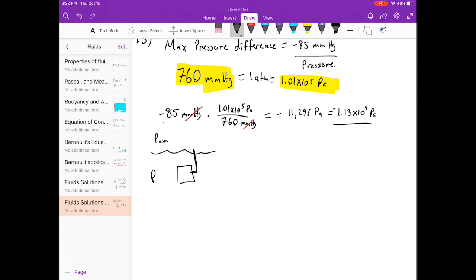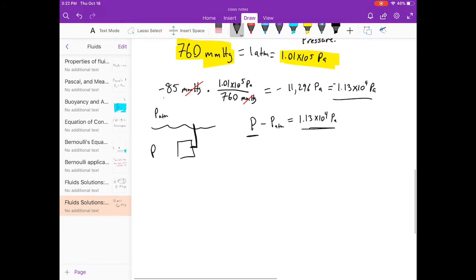So written out, the pressure of his environment minus the pressure his lungs work at, which is the atmosphere, has to be equal to this difference of 1.13 times 10 to the 4th pascals. The negative sign means that his lungs are at a pressure that much less than the pressure outside.